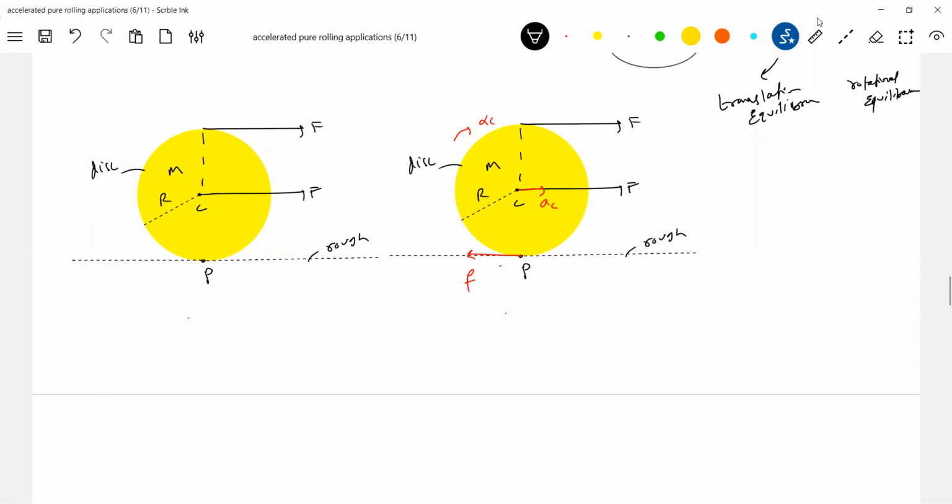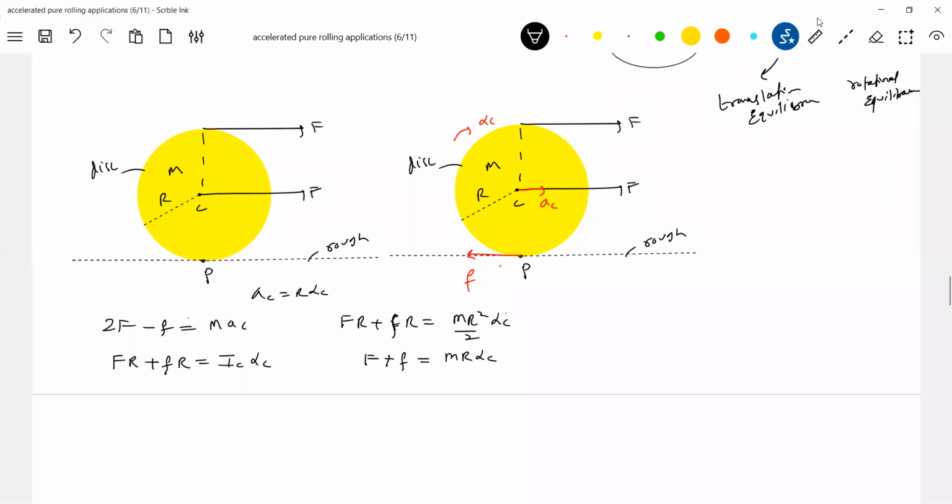Write down the equations now. What is the resultant force? 2F minus F equal to MAC. Then what about the torque equation? The torque equation will be F into capital R plus small f into R is equal to IC alpha C. This will further be FR plus small fr equal to mr square by 2 into alpha C. So F plus small f is equal to mr alpha, with r alpha C being a for pure rolling.